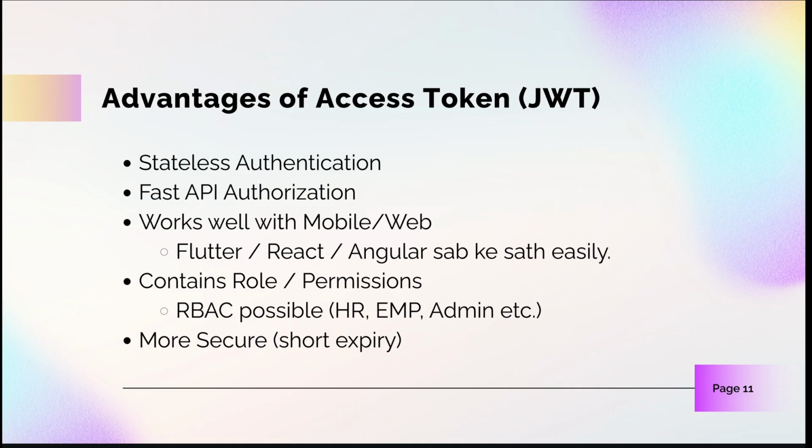It works well with mobile and web apps. Then we have roles and permissions: in the access token we can set roles and permissions. That access token is valid only for this user, and suppose my access token is valid for an employee, so it will not work for the HR APIs. It is also more secure, with a short expiry.